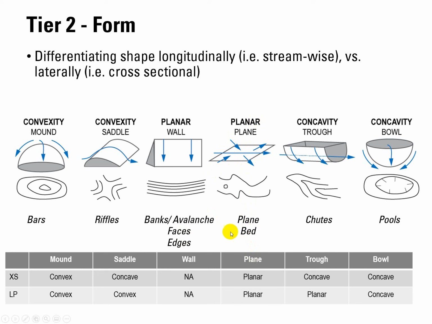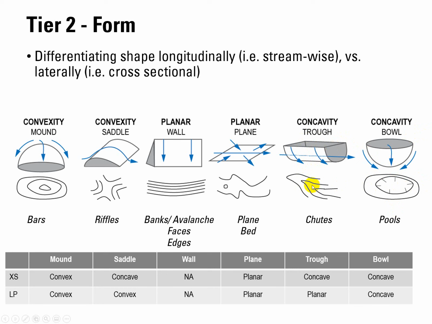So now concavities, the easy extreme one to think about is a pool. If I drain the river, would there be a puddle there? It's concave longitudinally, upstream to downstream, and it's concave in cross section. But we find examples of what we call troughs, as opposed to just bowls, where if you drain the river, there wouldn't be any water there anymore.